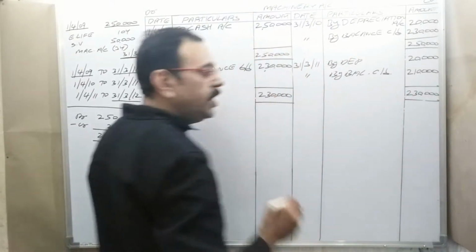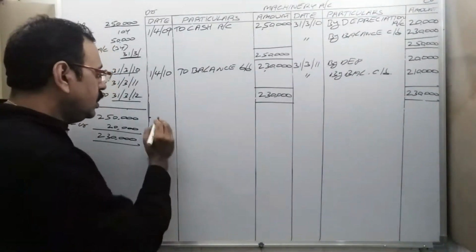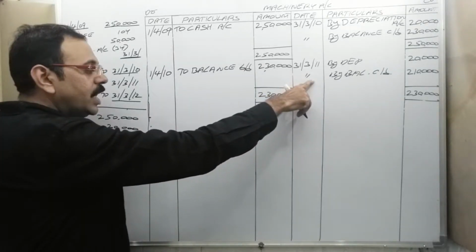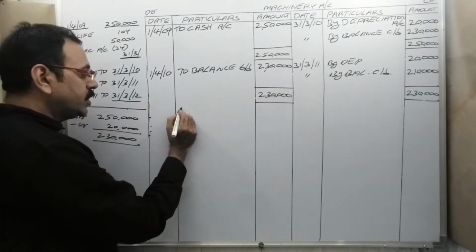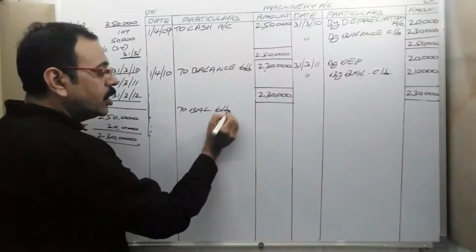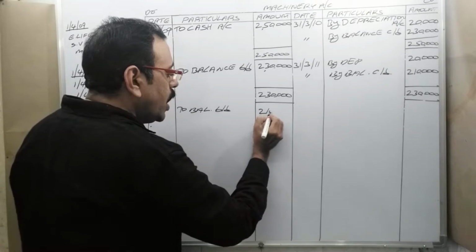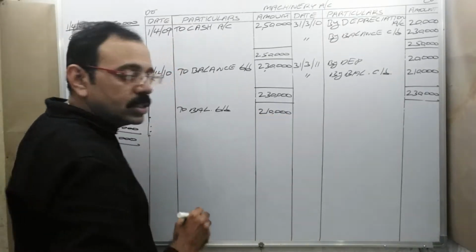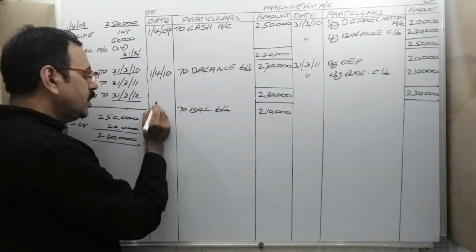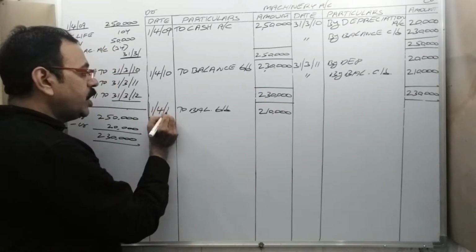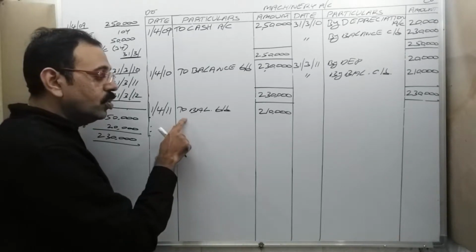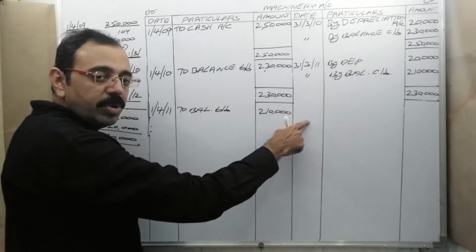Second year is completed. In third year also do the same. So from here, from credit side, bring the balance to debit. To balance brought down 2,10,000 rupees. Date is next immediate date of this date, that is 1st April 2011. Now in last year also we use this asset for 1 year period.